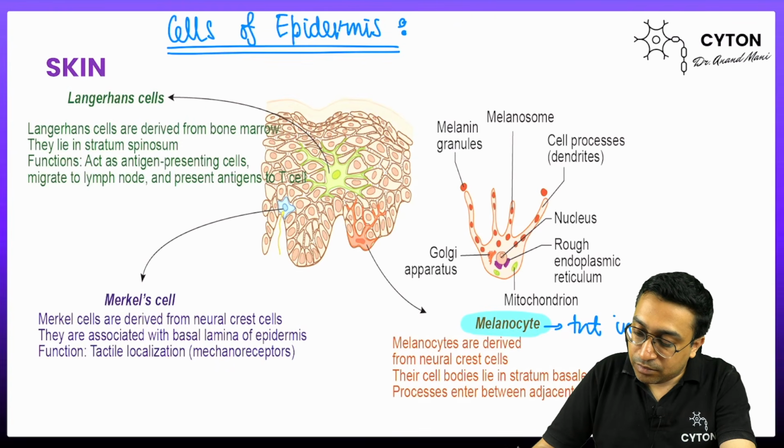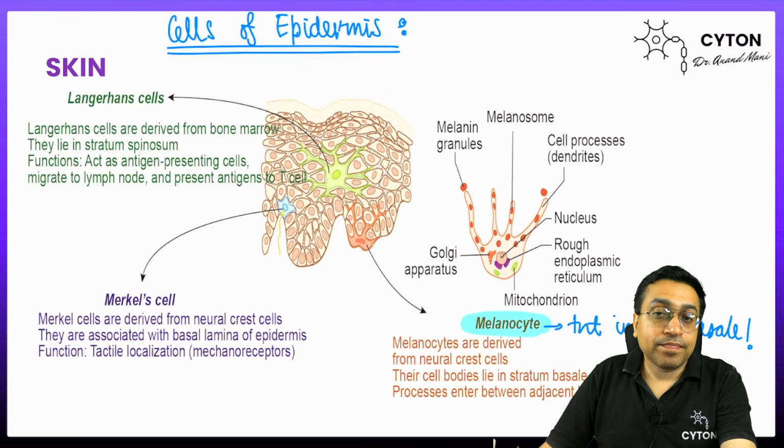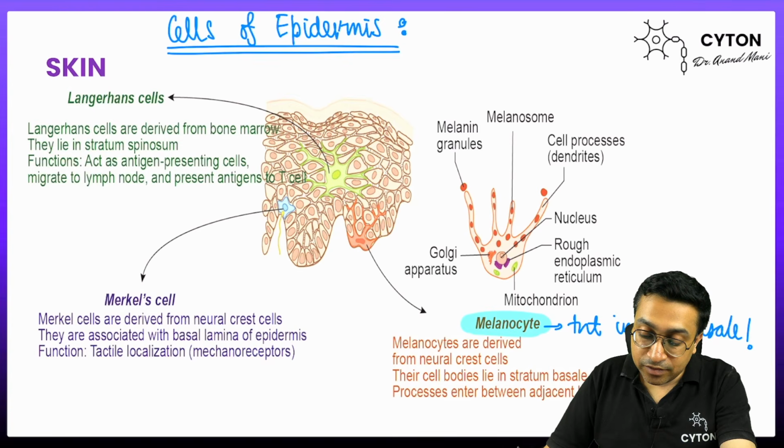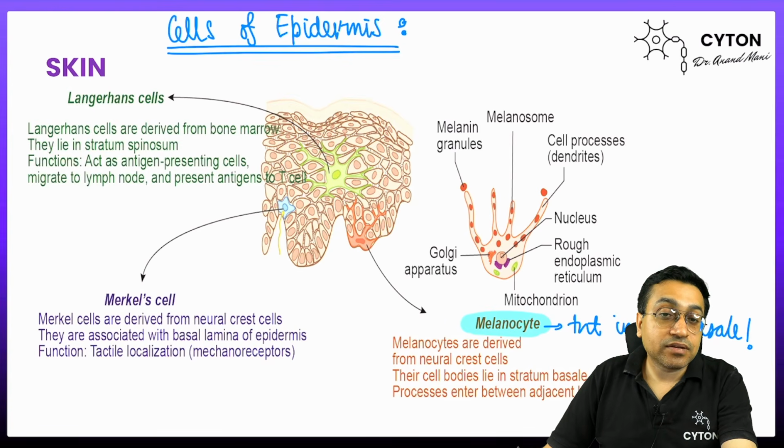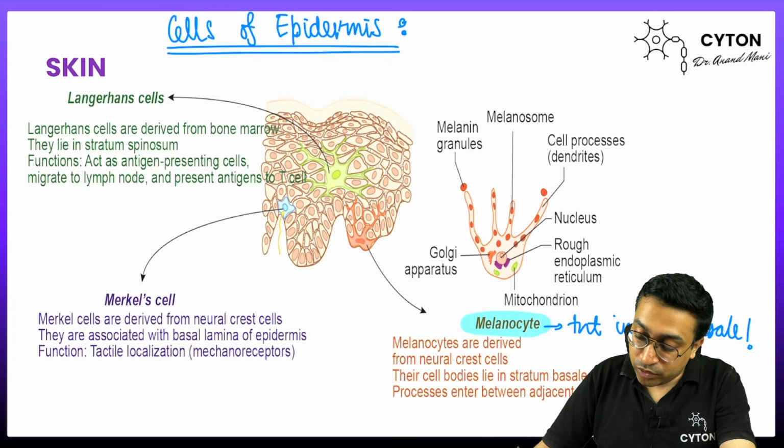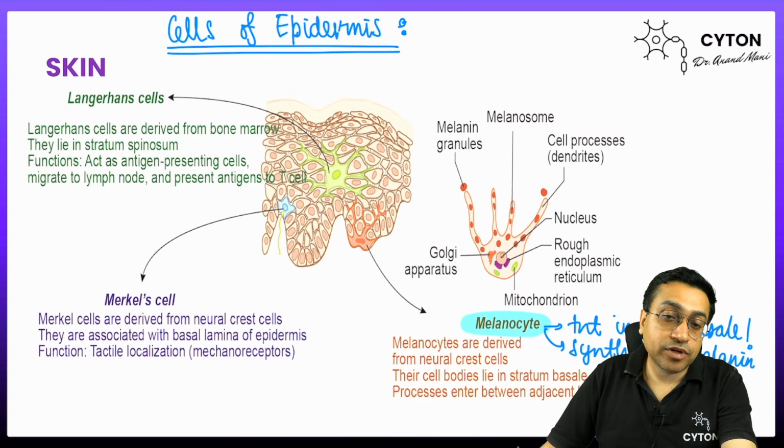They have dendrite-like processes, and they synthesize the melanin. As you can imagine from the name, they synthesize the melanin and they transfer it to the other cells.